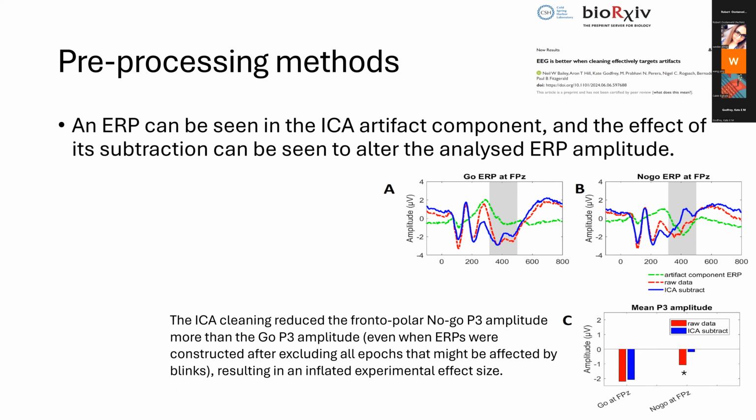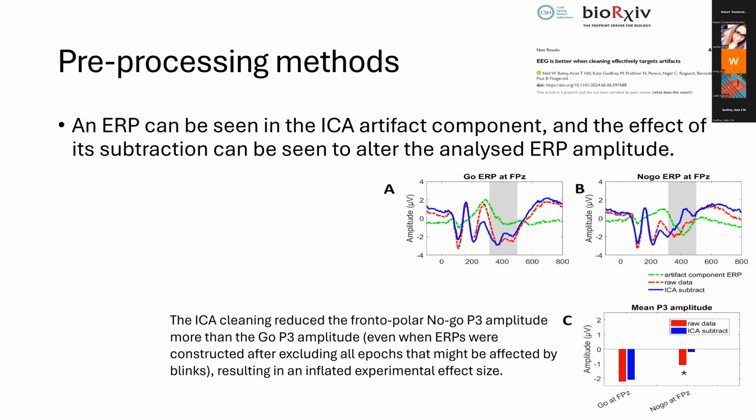And so when we compared the difference between the go and the no-go trials in the P3, the difference was stronger after applying ICA subtract than it was in the raw data, even after we had excluded all blink epochs from the raw data ERPs.